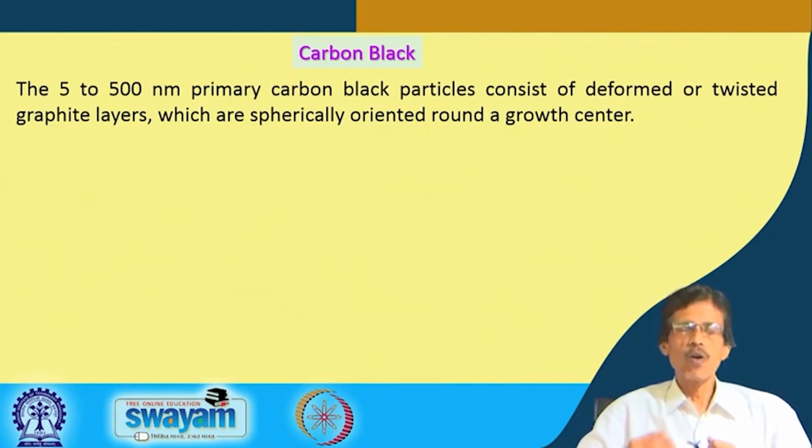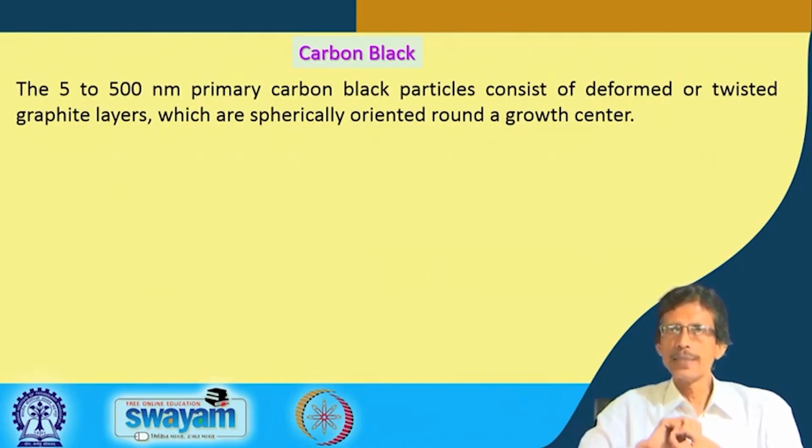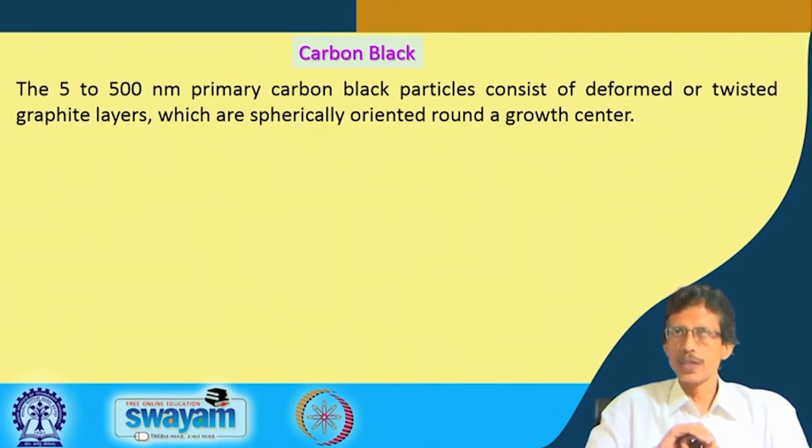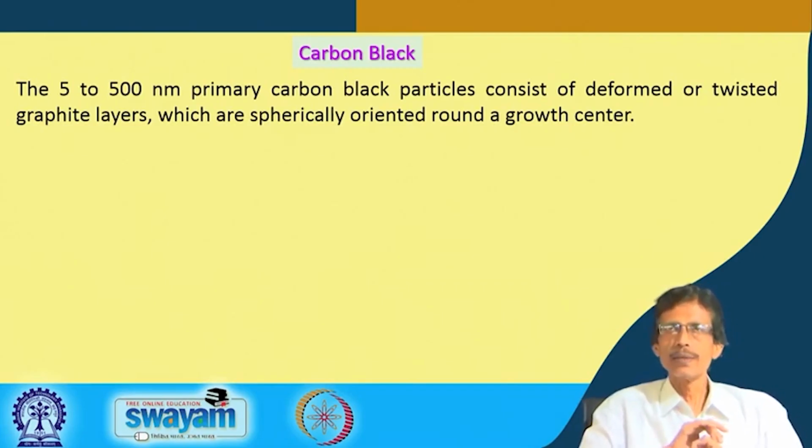So, the twisted form of that graphite layer is spherically oriented round a growth center. A small center is there, and the winding of the deformed graphite material is such that you get a small particle. Depending upon how many layers you have, you will end up with a particle size of 5 to 500 nanometer.